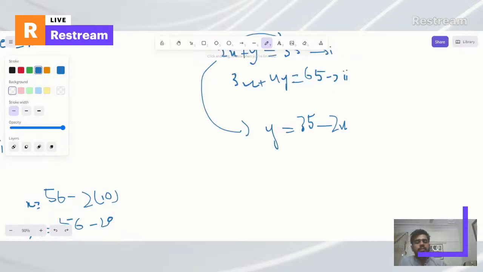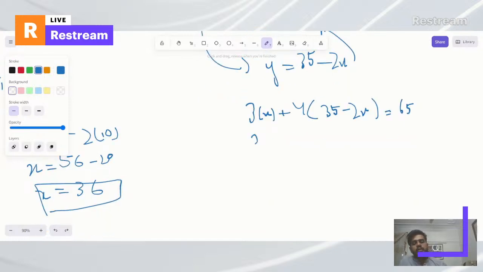So now let me substitute it back into the second equation. It's going to become 3 times x plus 4 times the whole y. So what's the value of y? y is 35 minus 2x, equals 65.